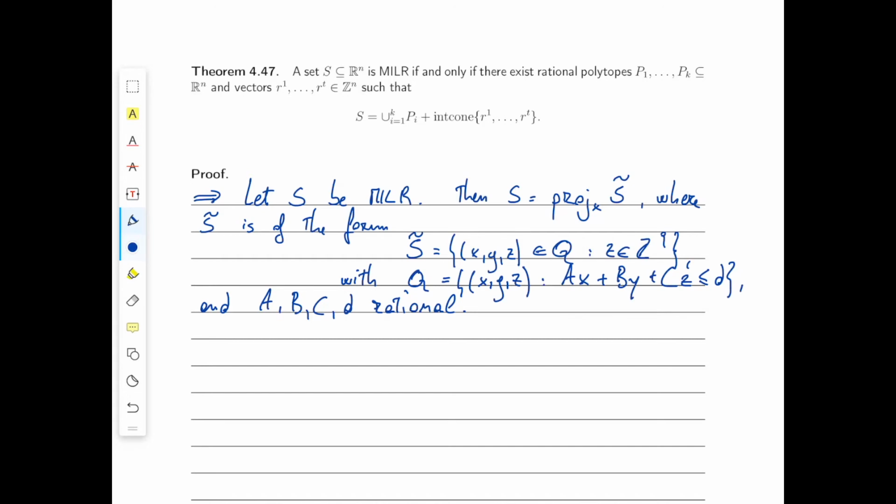Okay, so now we immediately apply the corollary that we saw after Meyer's theorem to write down a different but equivalent form of S tilde.